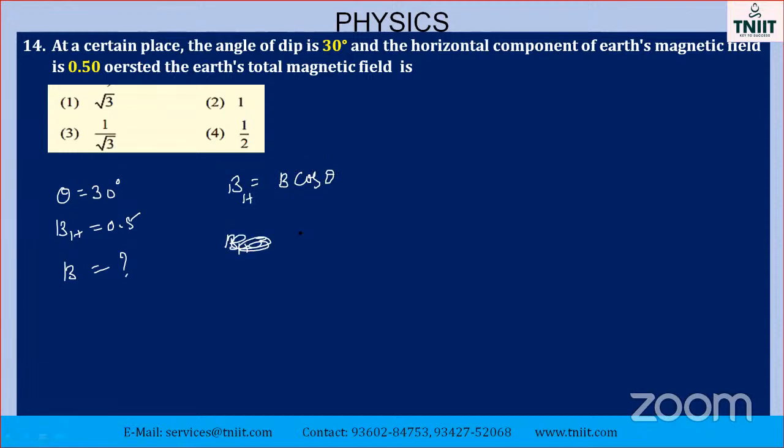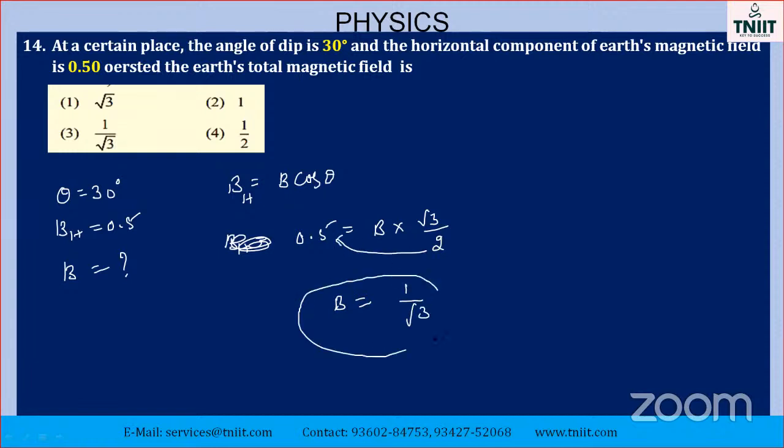So BH is 0.5, and cos 30 is root 3 by 2. So what is the B value? If you cross multiply, 2 into 0.5 will be 1 divided by root 3. So the magnetic field is 1 divided by root 3.